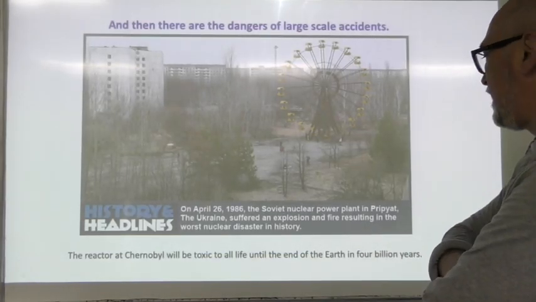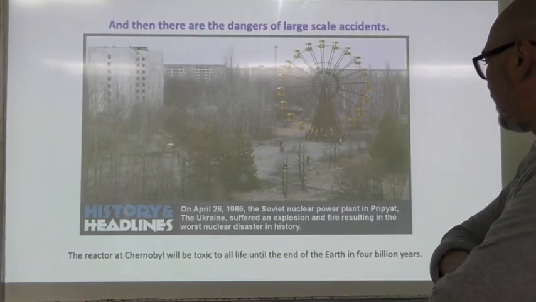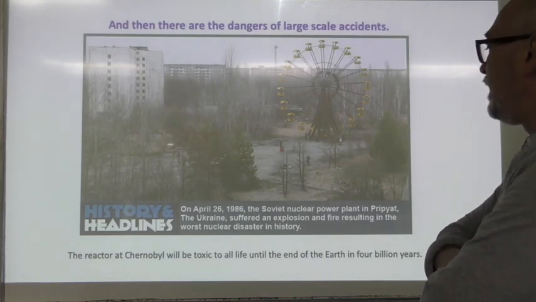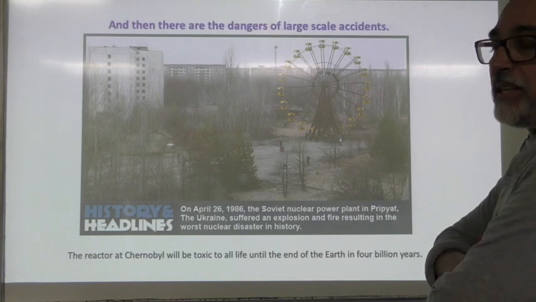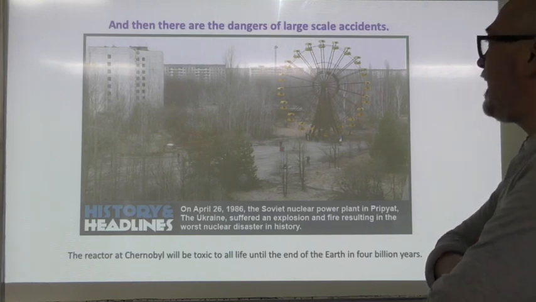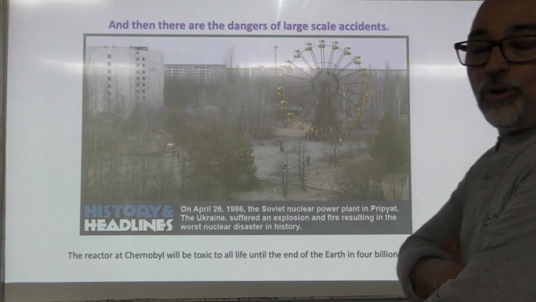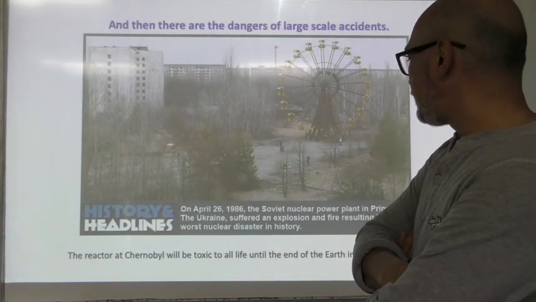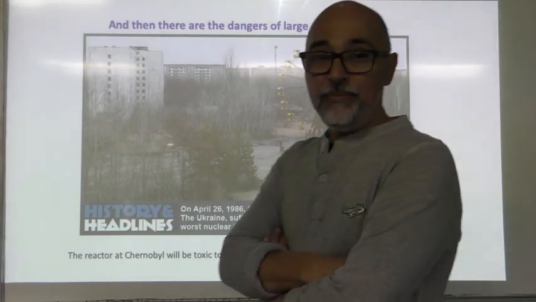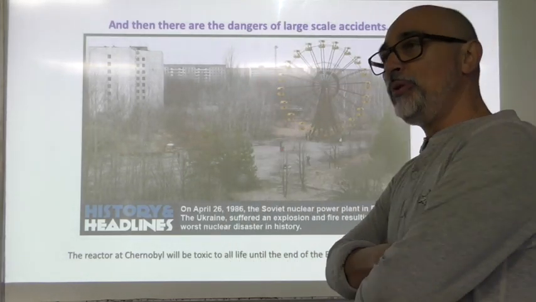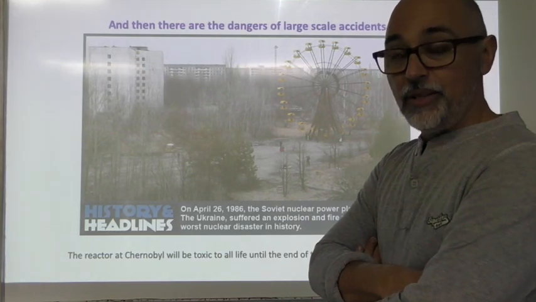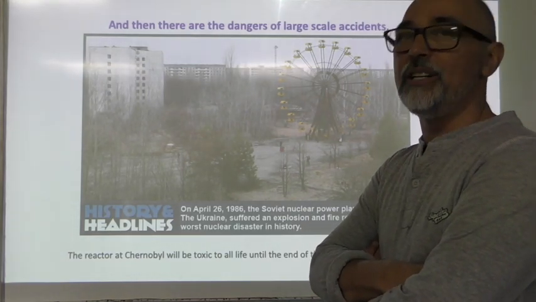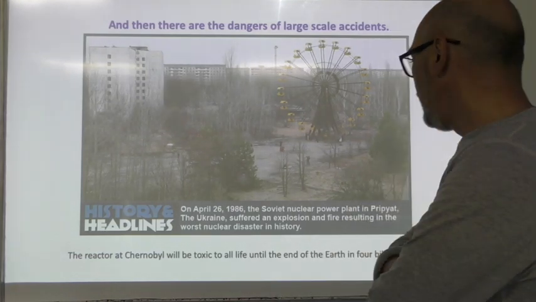Back in 1986, in the former Soviet Republic, in the country of Ukraine, they had several nuclear power plants, and they lost control of one of them. Okay, so the reactor melted down, and when it melted down, it blew the roof off the reactor core, and it just spewed tons of nuclear smoke and debris out into the atmosphere.